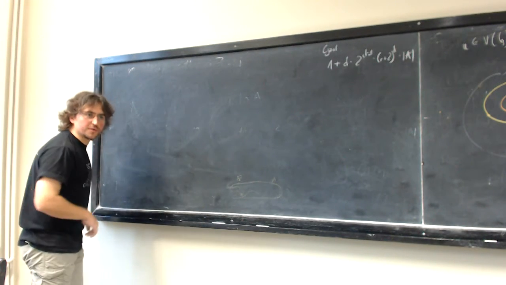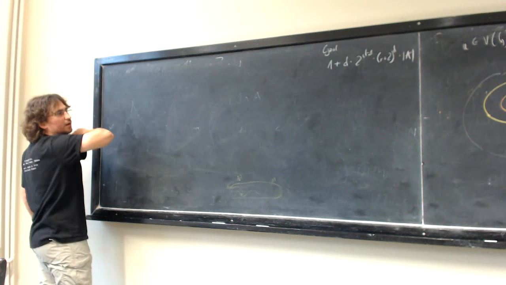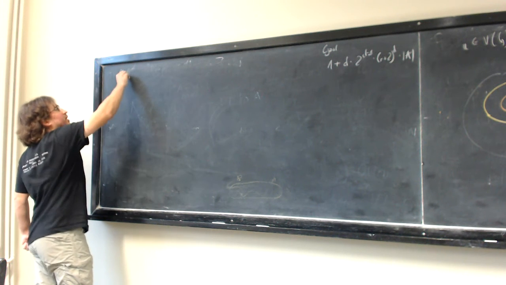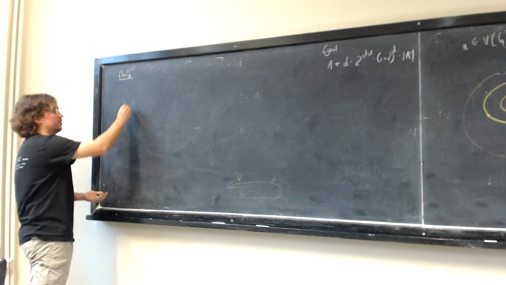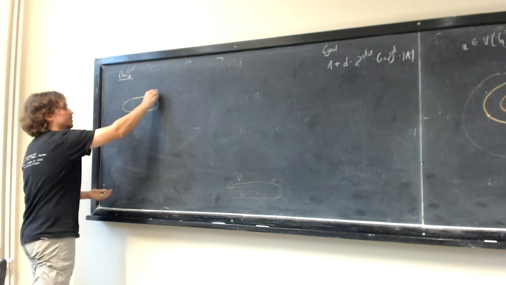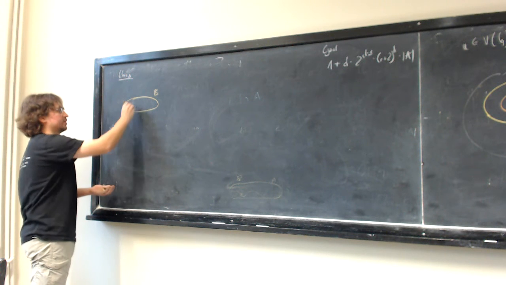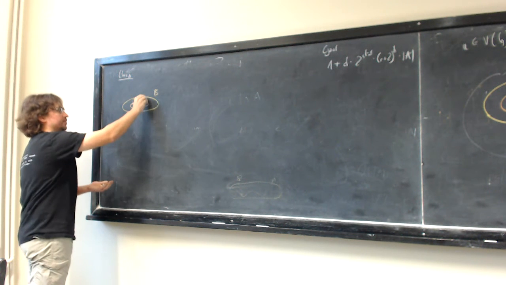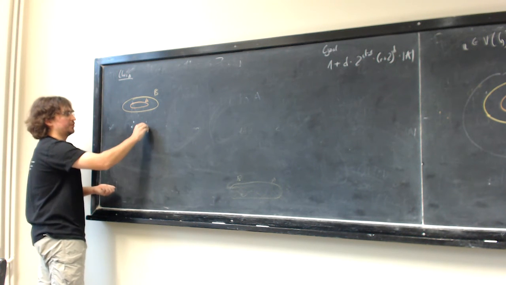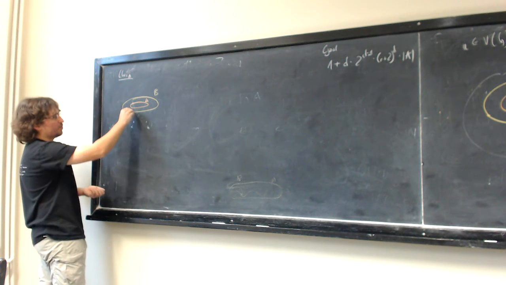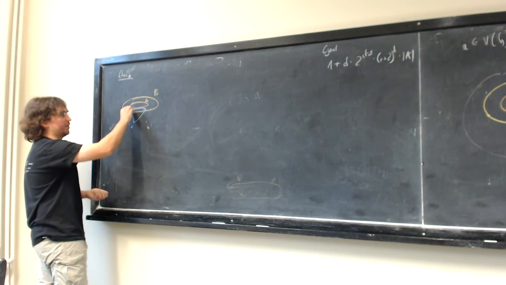We can derive the following corollary, which I again will write as a claim. Suppose here is my B, and inside it A, and here I've got two vertices, U and U prime. Let me assume that they have the same local separator.